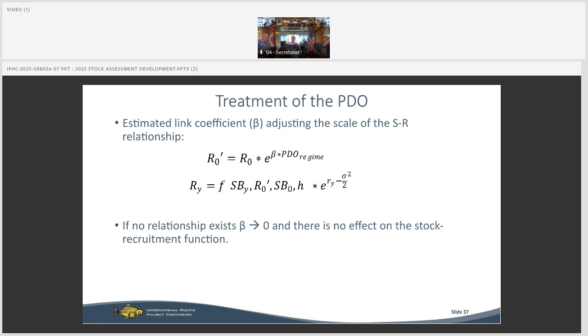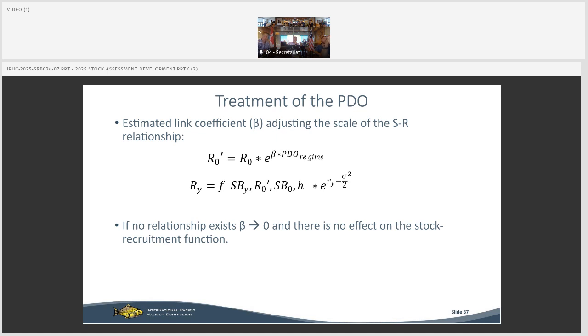The thing that I like about this approach is that if I were to put soccer scores instead of the PDO in here, which we know are garbage, I should get an estimate of beta of 0, and this would cancel out. Unlike treating a recruitment covariate as known without error, where if you put the wrong thing in, you get the wrong answer, in this case, if I were to put garbage in here, I should just get a beta coefficient that goes away, and I should get the same stock-recruit relationship I would have if I didn't put it in.